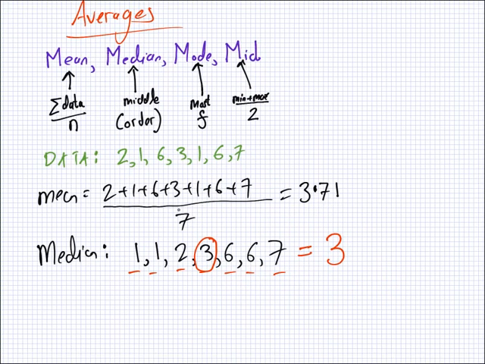Okay, let's see here. The mode. What's the mode here? It's not 1 and 6, and it's not 6 and 1. Any other answers? 3. No, none. There must be one that is more than the other.